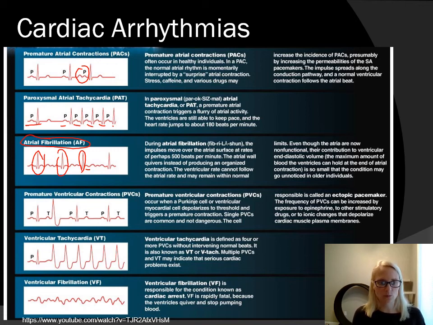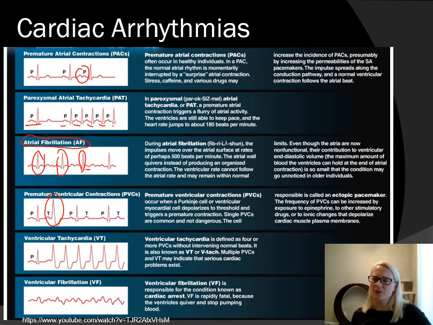The next one we have is premature ventricular contractions, PVCs. Again, this can be normal every once in a while. It's just like an extra, like the premature atrial contractions, a little blip, an extra QRS complex without any P wave, without any atrial activity triggering it.